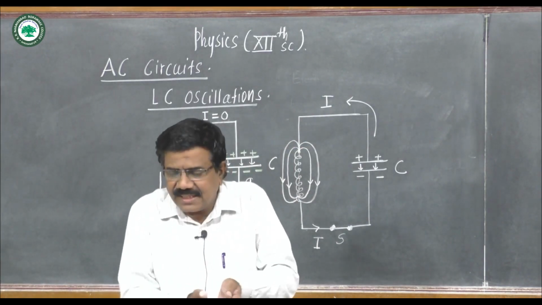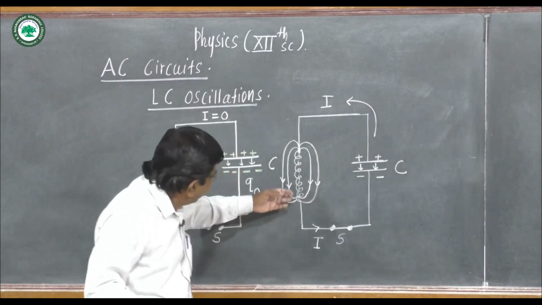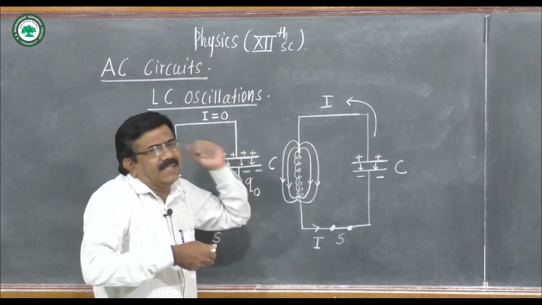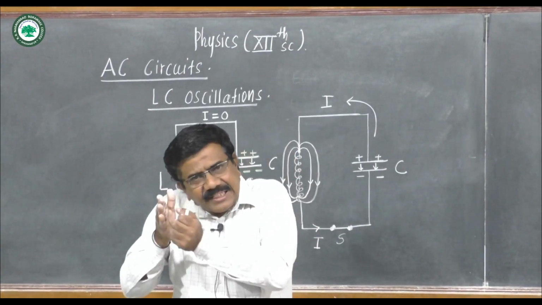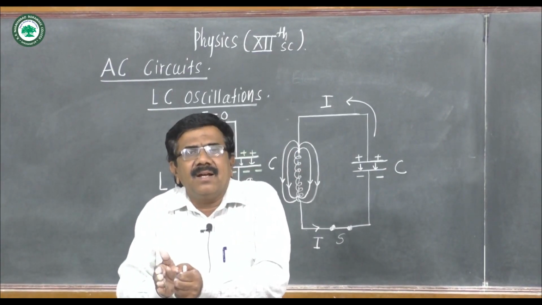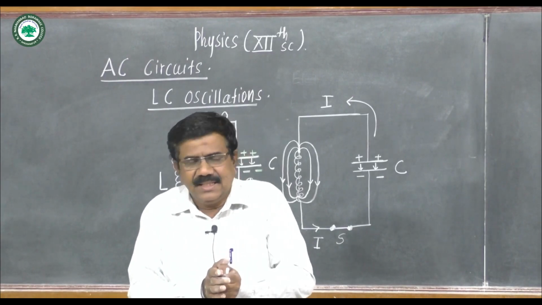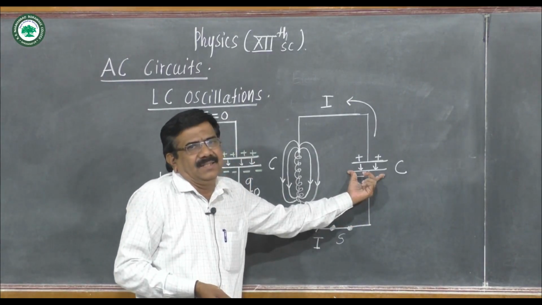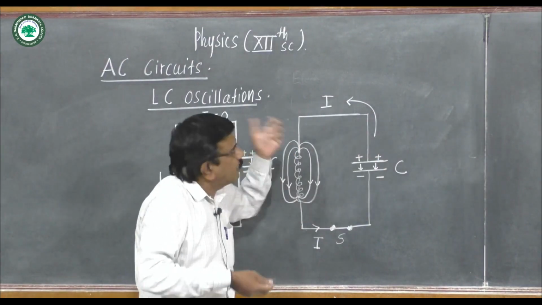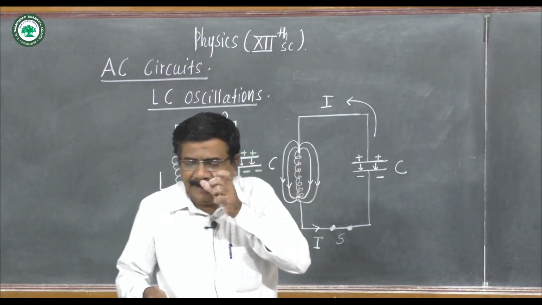The current in the circuit increases. It increases the magnetic field around the inductor. Magnetic flux also increases, and part of the electrostatic energy is converted into magnetic field energy.